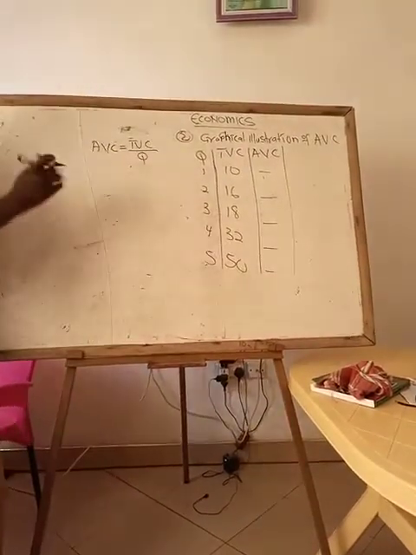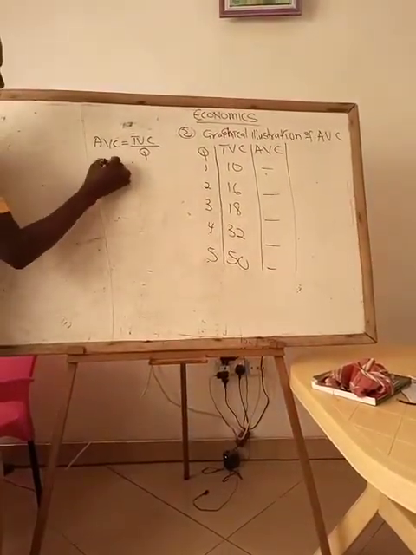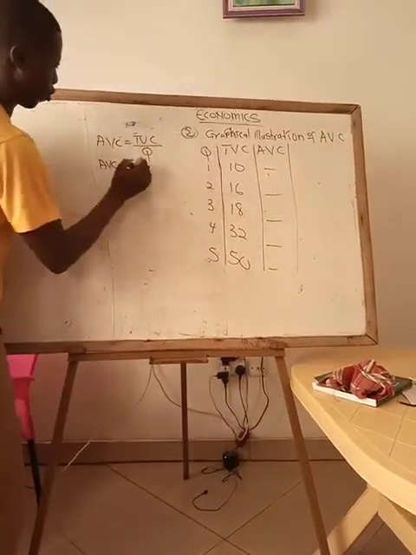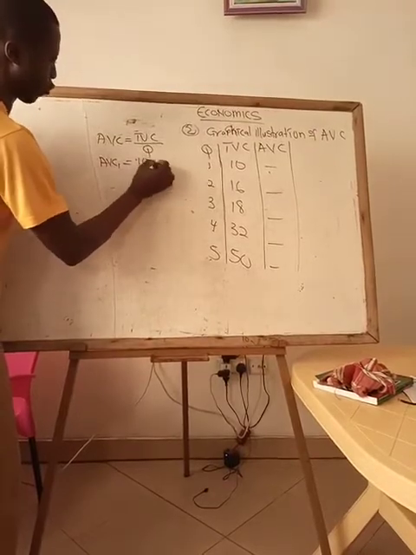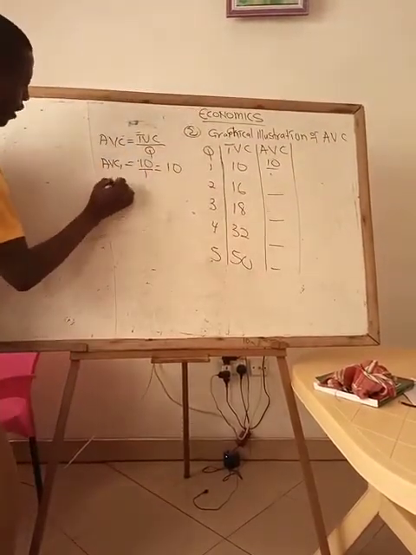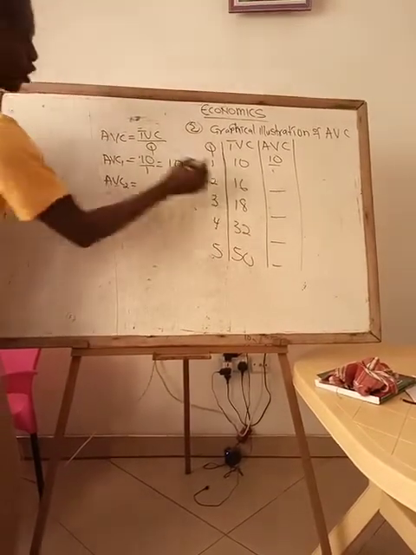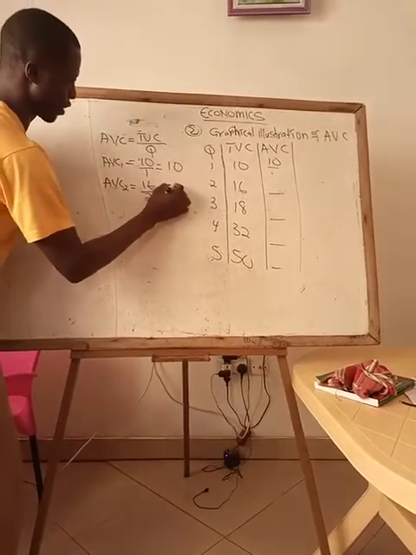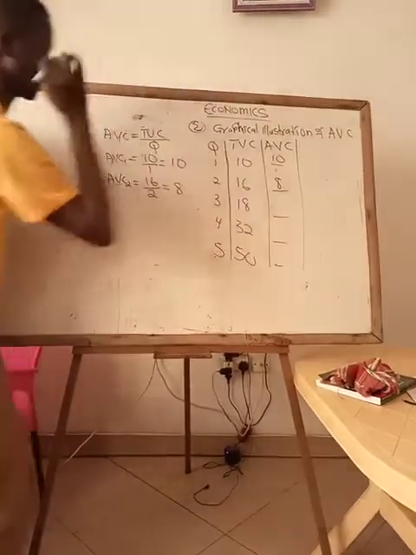So without wasting much time, average variable cost when output is 1 will be equals to the total variable cost there, 10 divided by 1, which will give us 10. So we have 10 here. Average variable cost when output is 2 will be equals to 16 divided by 2, which is going to give us 8. So we have 8 here.